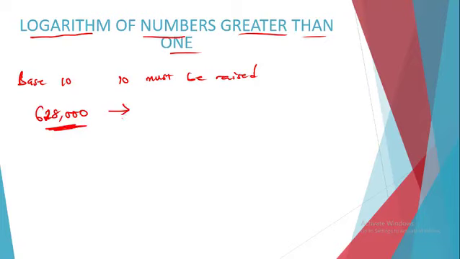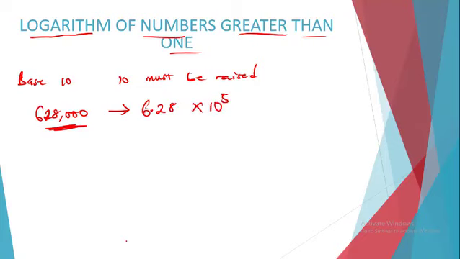All we are asked to do is to find, in base 10, the number to which 10 must be raised to obtain this. And you agree with me that this is equal to 6.28 times 10 raised to power 5.